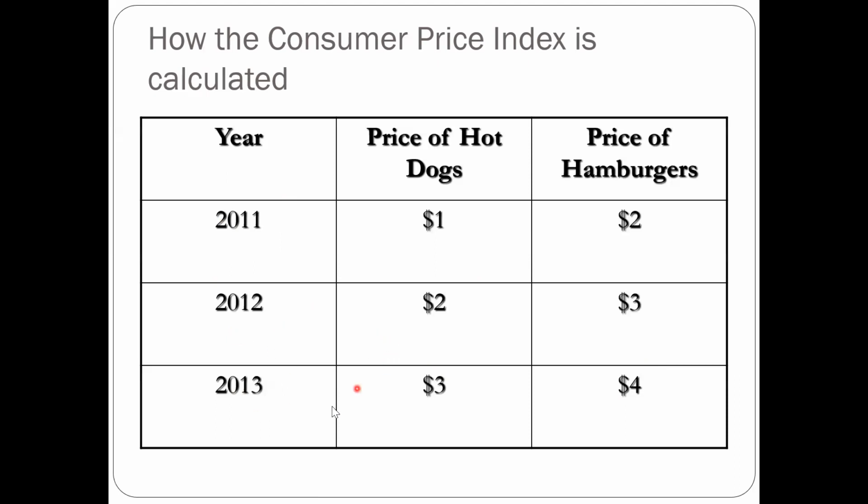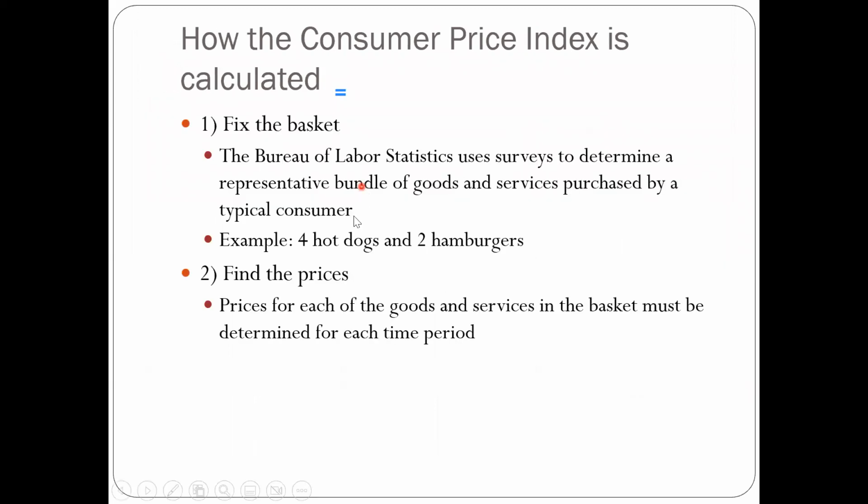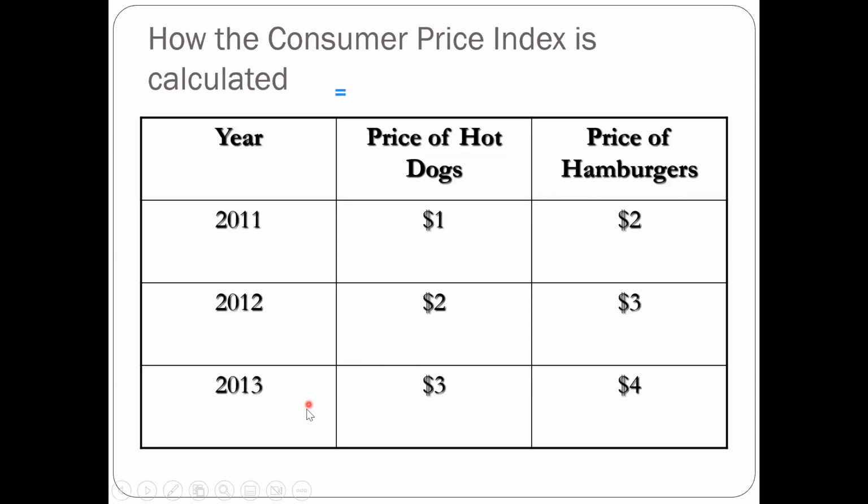So for a simple example, we can calculate the Consumer Price Index of 2011 by quantities multiply price. We have the basket, 4 hot dogs, as we see in the last slide. We had 4 hot dogs and 2 hamburgers.